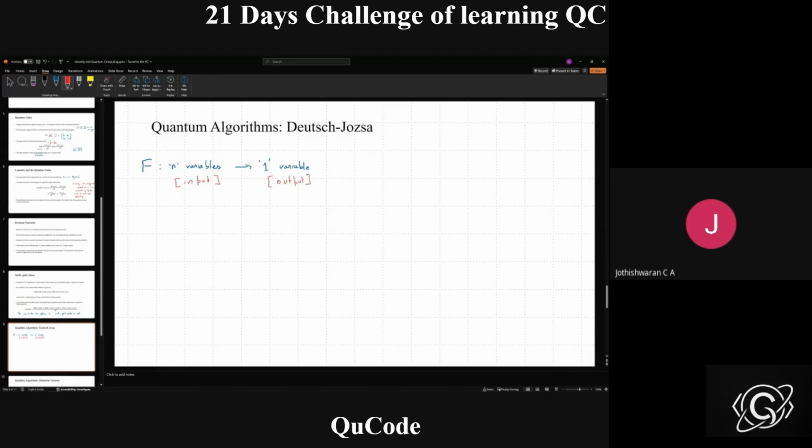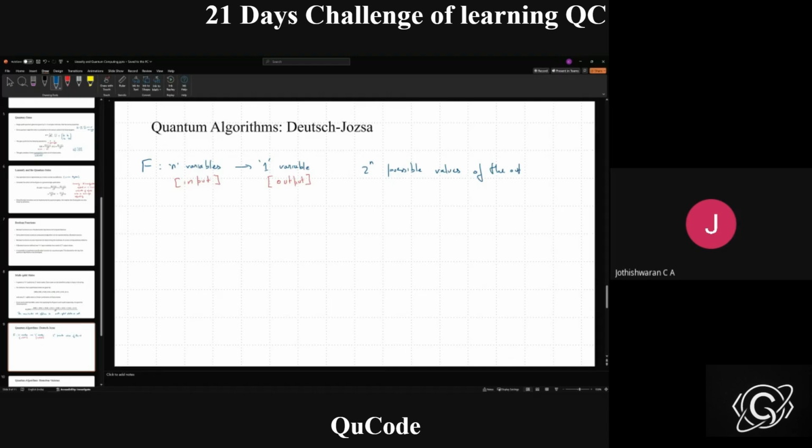Now, f has n variables, so I know that there are 2 to the power n possible values of the output. Now, this is also a Boolean variable.